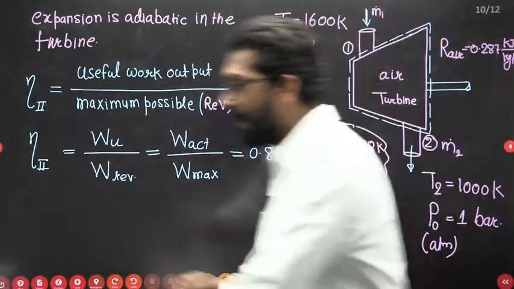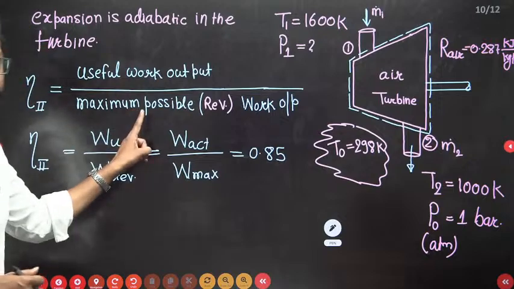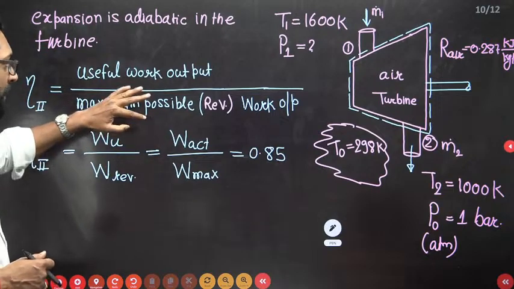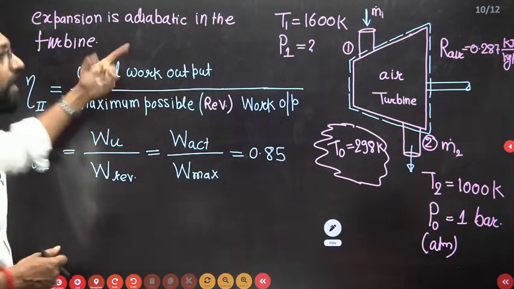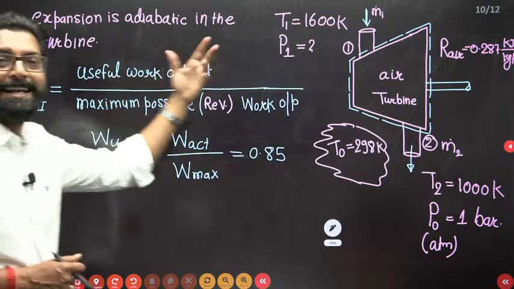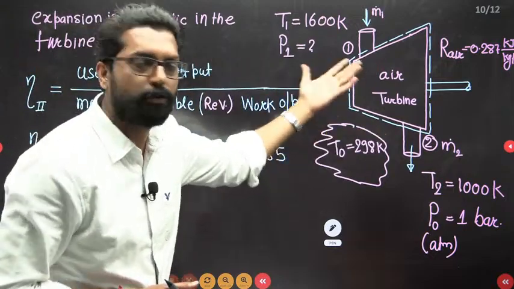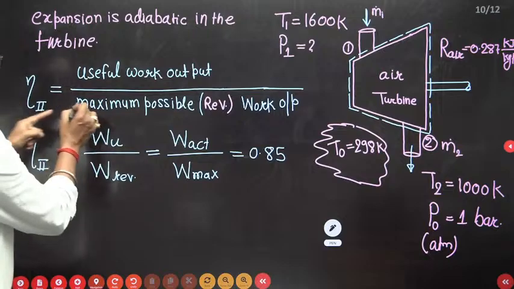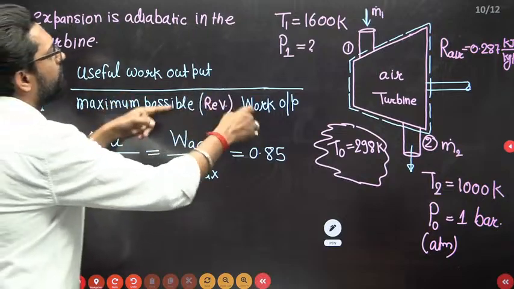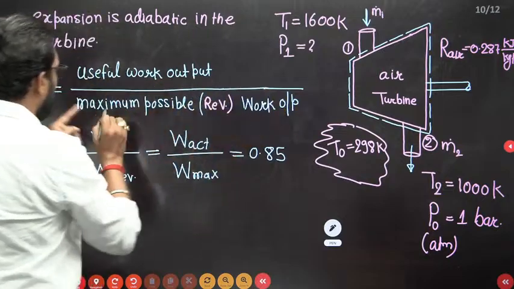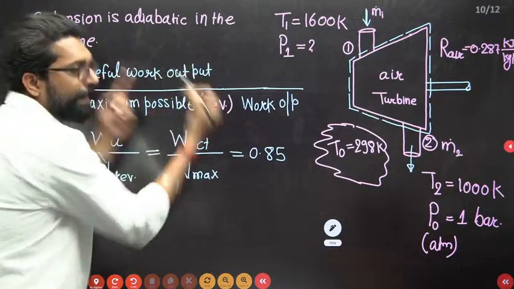And mind it, beta, this is a work output device. If there is a work input device like a compressor, just reverse it: the second law efficiency is the maximum possible reversible work input divided by useful work input.